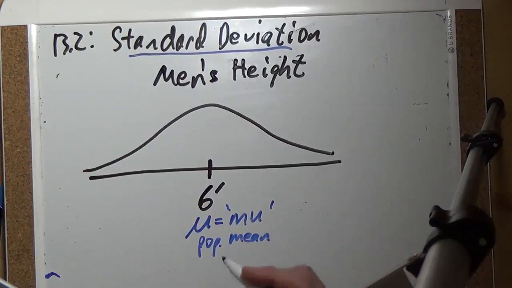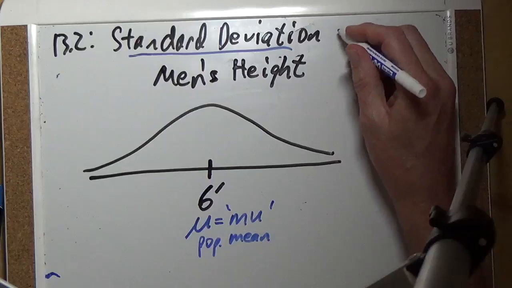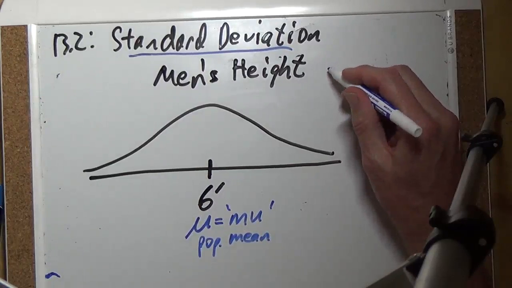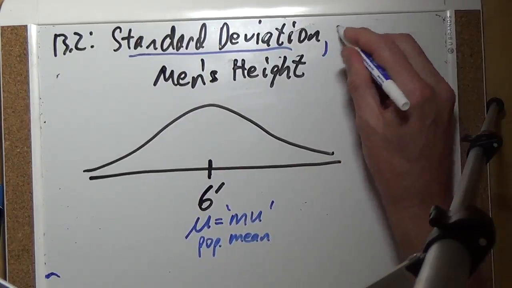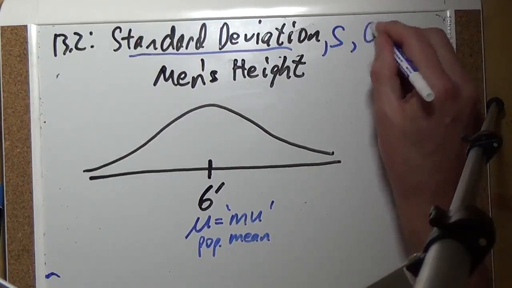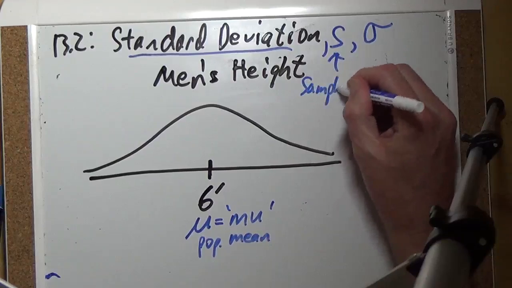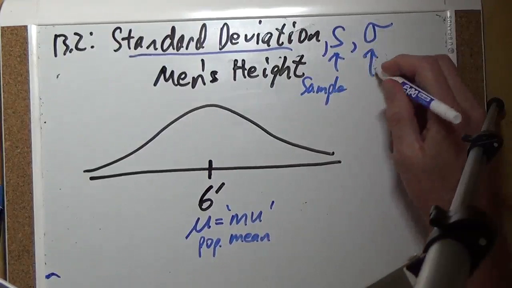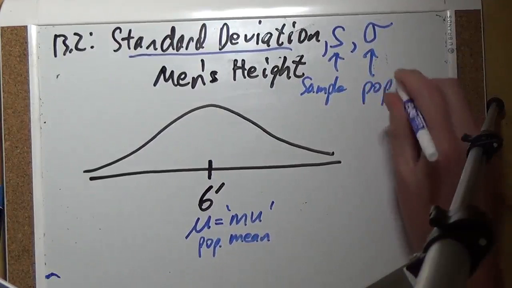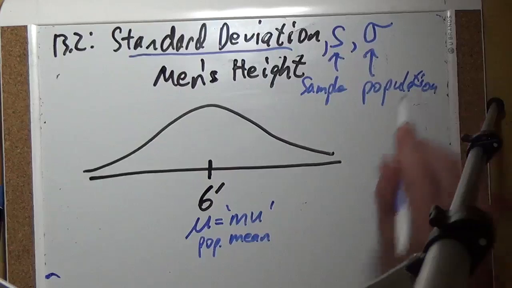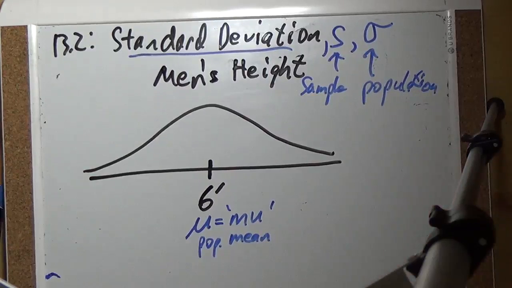And we're going to worry about sigma, which is the population standard deviation. So it's either S or it's sigma, S for a sample, sigma for population. Sorry to spring that on you, but I kind of need those symbols.